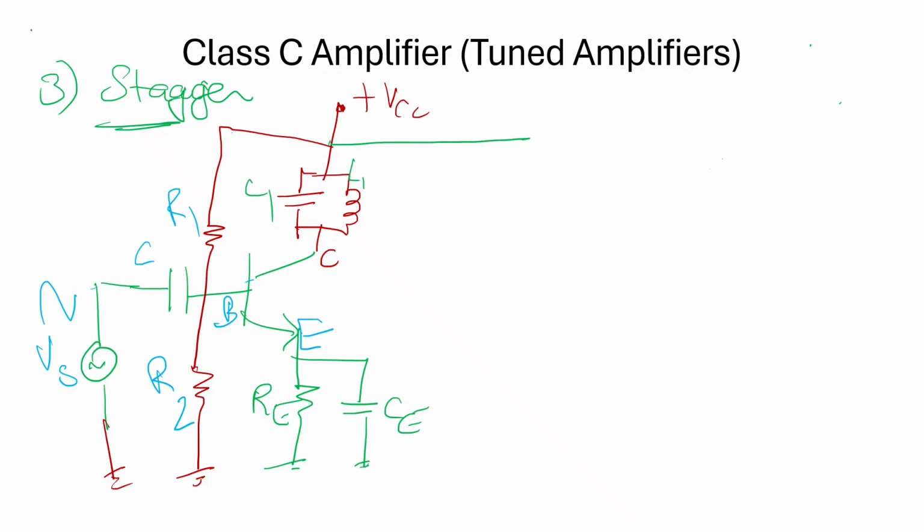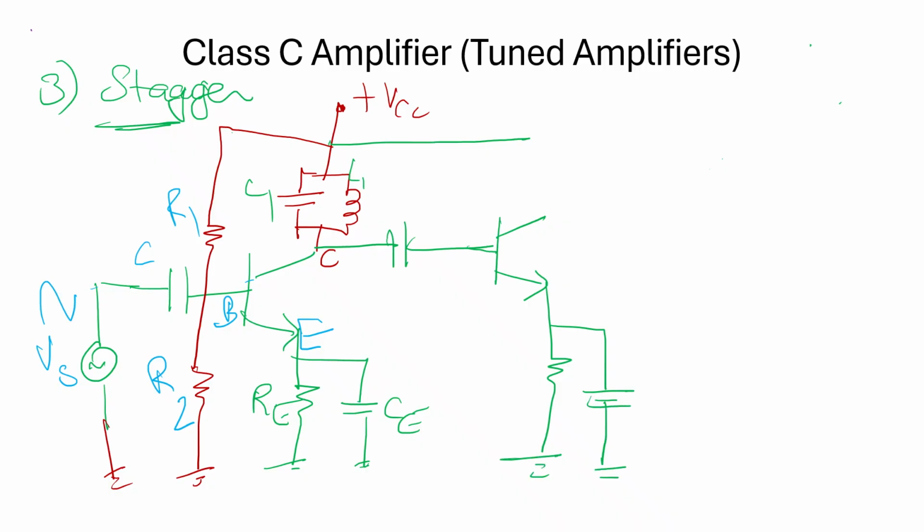The collector terminal is connected by a coupling capacitor, and it is fed to the base of another setup of a single tuned amplifier circuit with RE2, CE2, Q2 transistor.